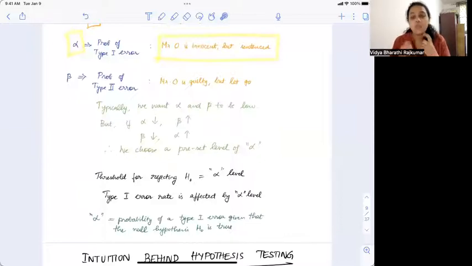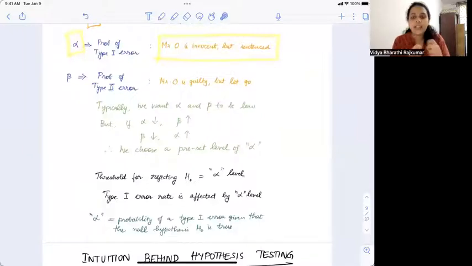But I'm going to allow myself the freedom of committing a type 1 error, and I'm going to give myself a threshold of 5%, a window of 5% to make that mistake. I'll preset that level and say that there cannot be more than a 5% chance that I'll ever commit a type 1 error.